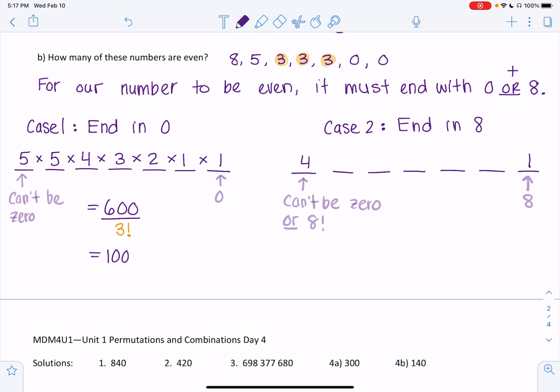Now for the others, I have already assigned 2 out of the 7 numbers, so I have 5 left for here, 4 left, 3 left, 2 left, and 1 left. And then we multiply them all together, and that leaves us with 480, and now we account for our identical terms.